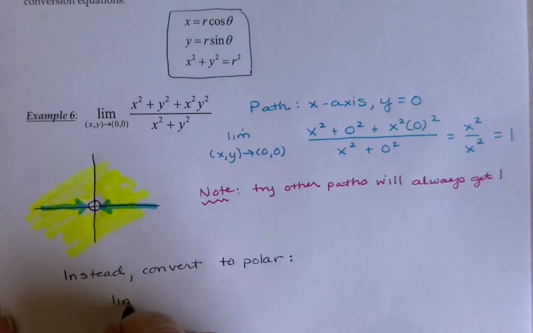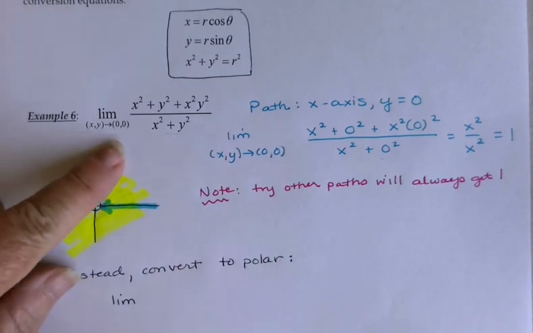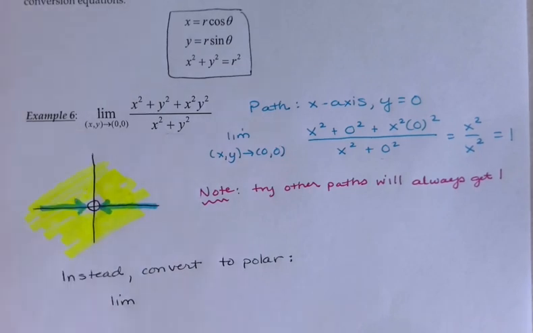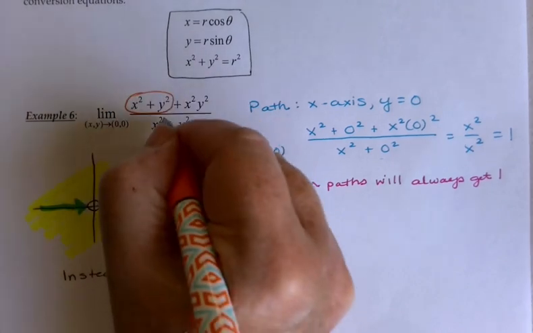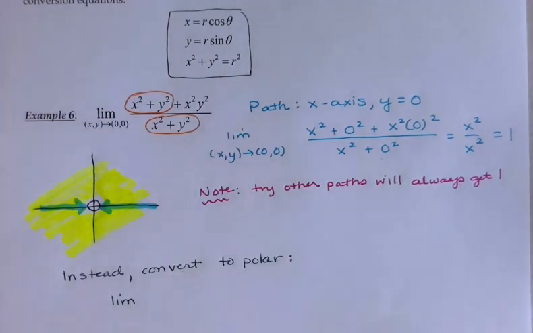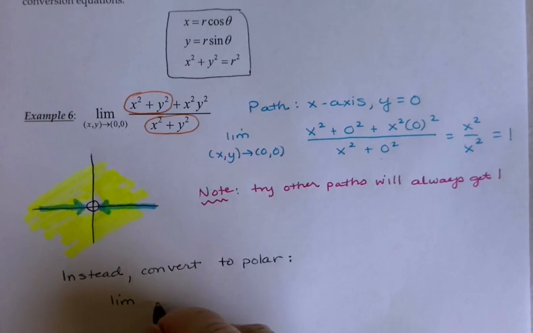I'm going to take my limit, and I'm not going to write anything under there for right now. We'll talk about that in a minute. But I'm just going to notice that I have an x squared plus y squared on both the top and the bottom. So both of those can become r squareds.